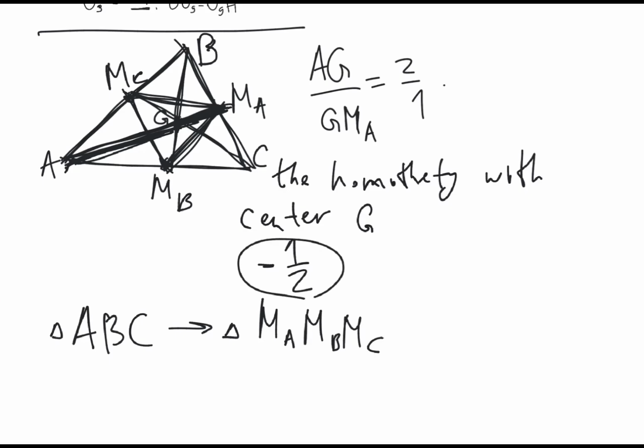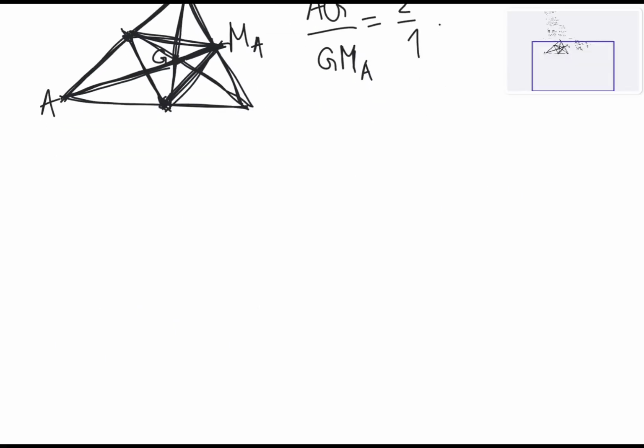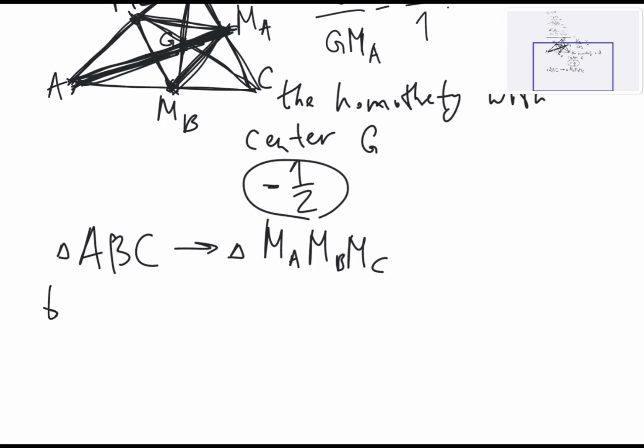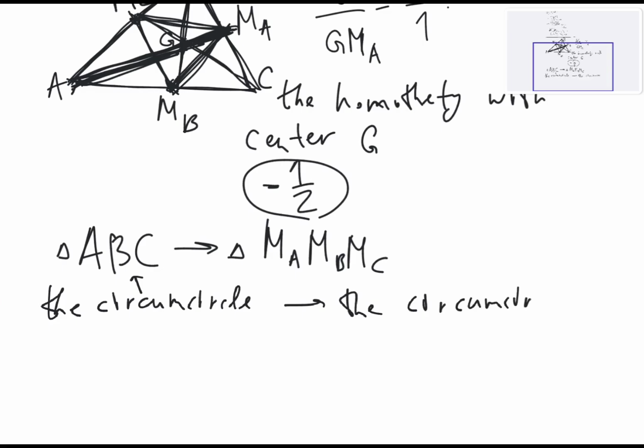So this is why we have the negative coefficient of the homothety. So basically, from this it follows also that the circumcircle of this triangle is mapped to the circumcircle of this triangle.